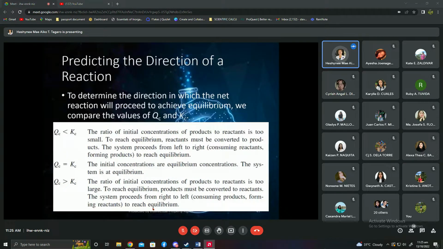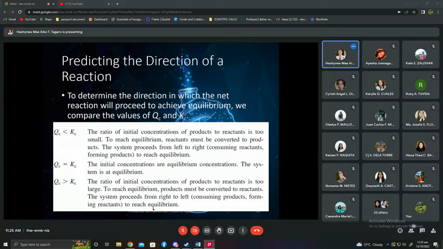Remember, a system at equilibrium has an equal rate of formation and equal rate of consumption of the reactants and equal rate of formation of the products and vice versa. Reactants to products, products to reactants.